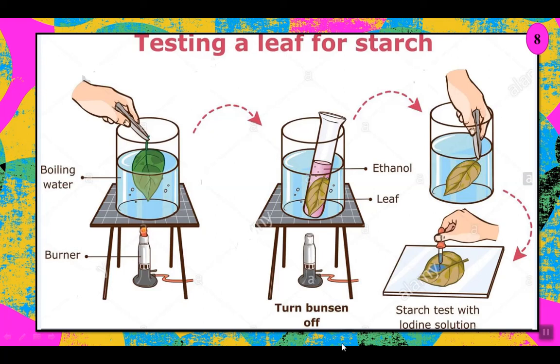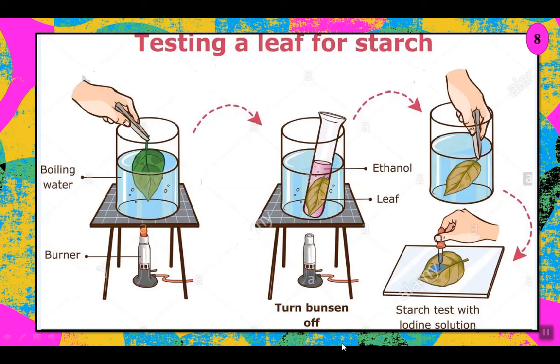After about 5 minutes, by using forceps, we remove the leaf from the boiling tube and rinse it with tap water to remove the excess ethanol, and then we place it and spread it on a white tile. Then we add a few drops of iodine solution onto the leaf and observe.